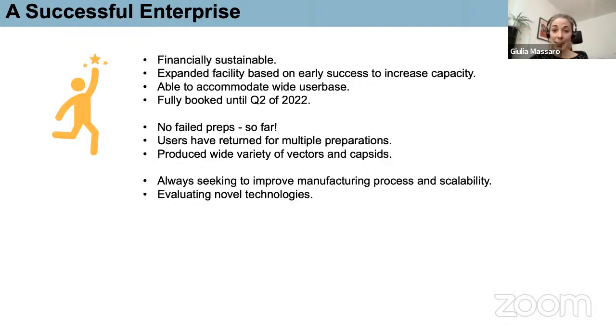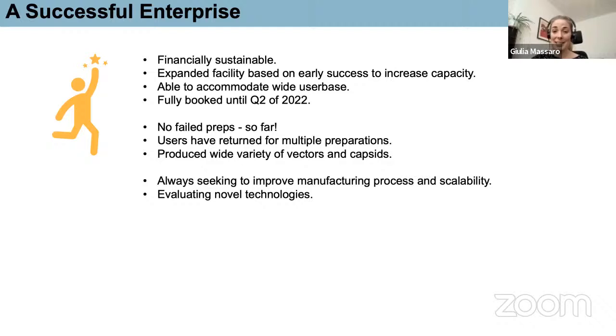We haven't had a failed prep so far. We just had one very low titer prep, but we're figuring it out, and it's not something about the production protocol, but something about the upstream plasmid design. So I'm working with people at different levels. And I have to say that many users actually came back to use the facility again.